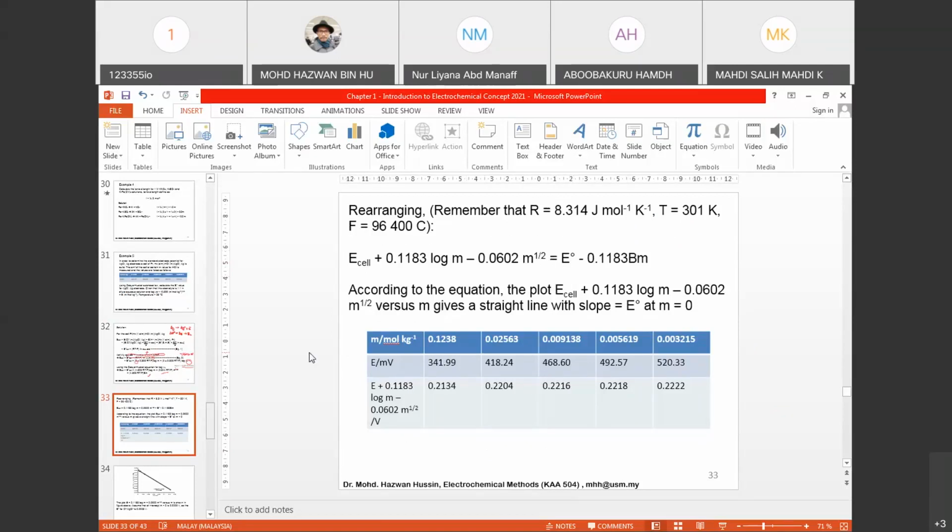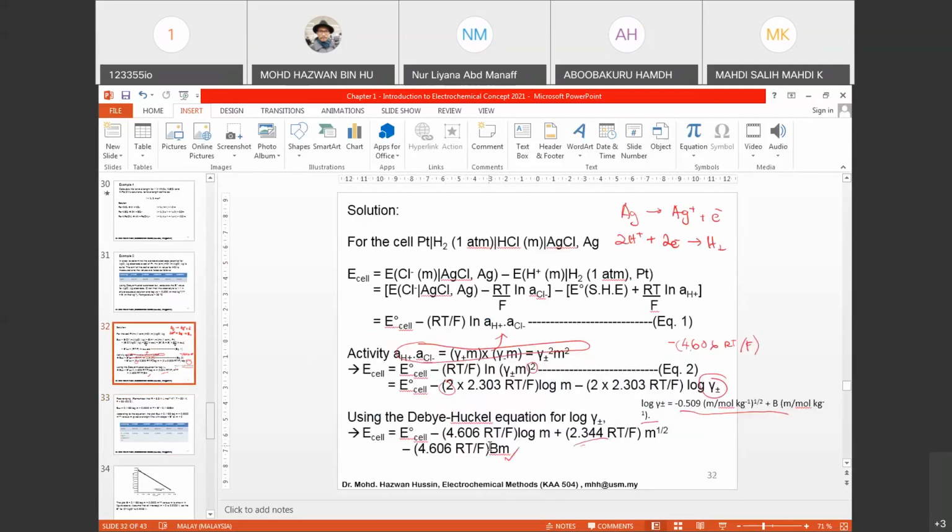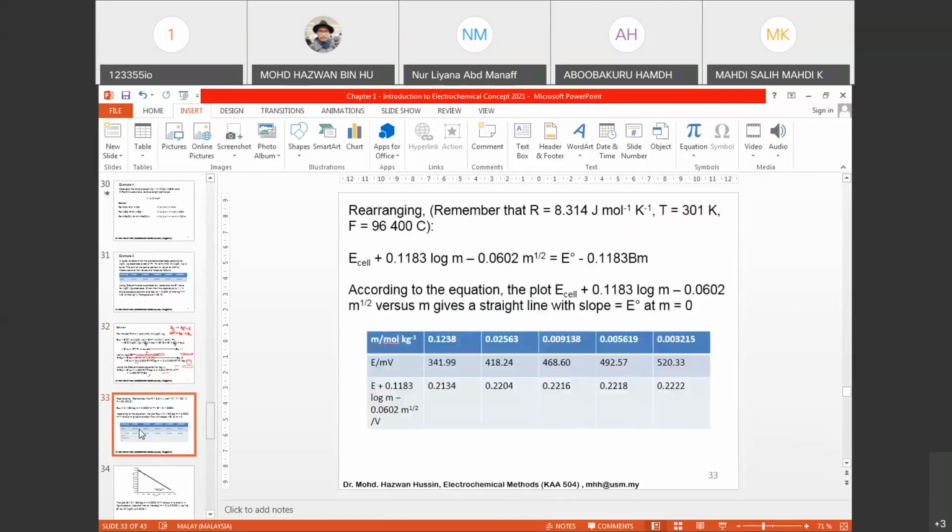So all these values are actually calculated after you have substituted the standard parameter values.